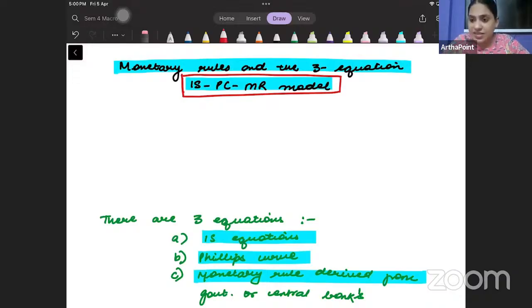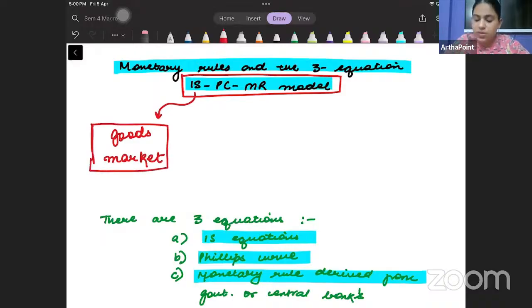One is the IS equation, जो हमारा goods market equation है, जो हमने ISLM में भी पढ़ा था. So one of the equations we have is called the IS equation. The second equation that we have is the PC equation, माने the Phillips curve equation.